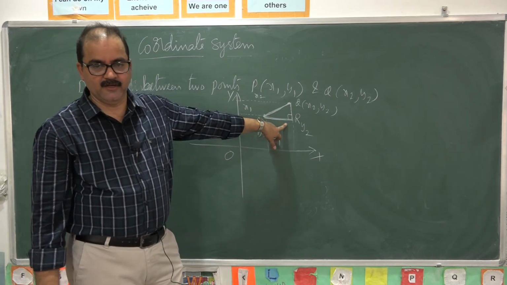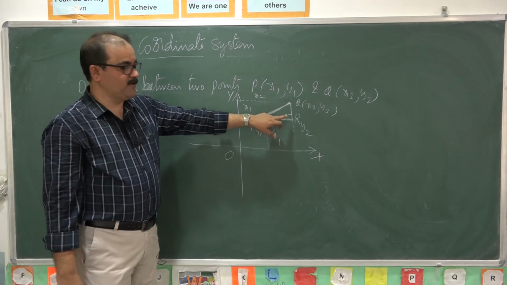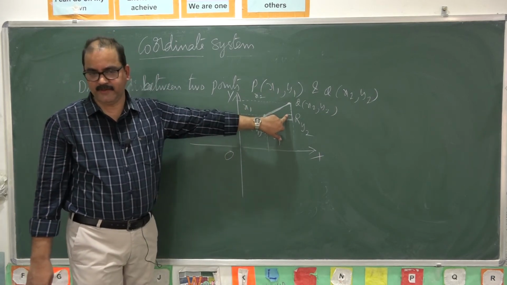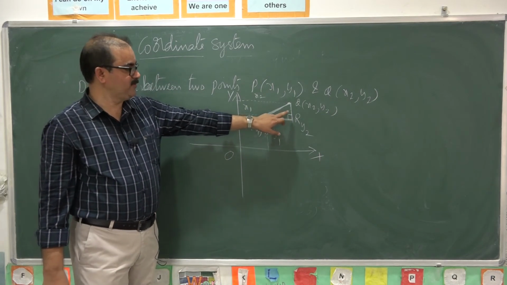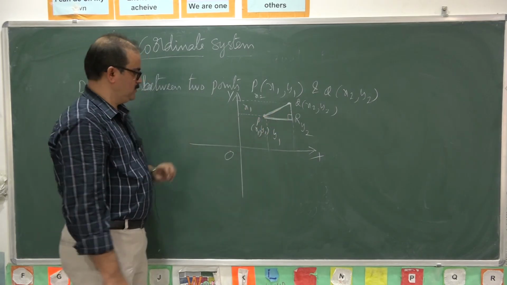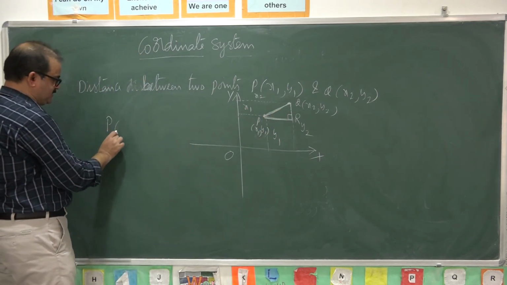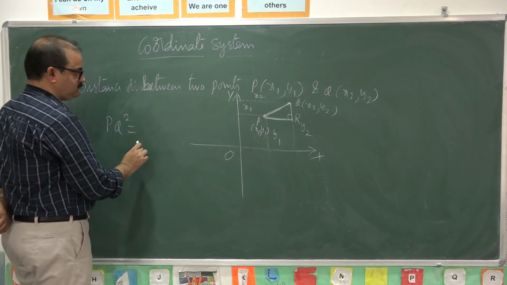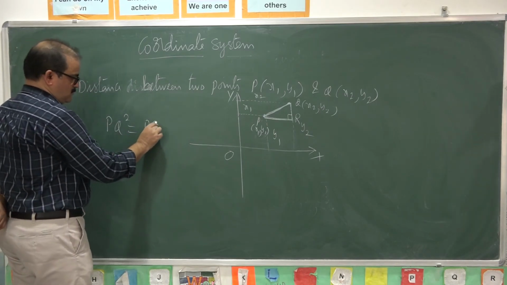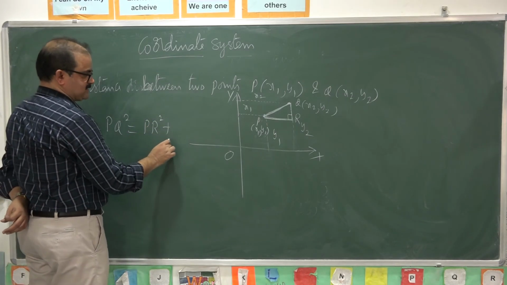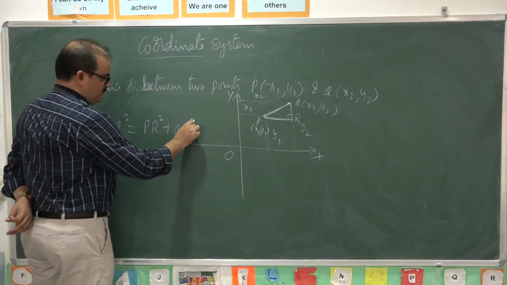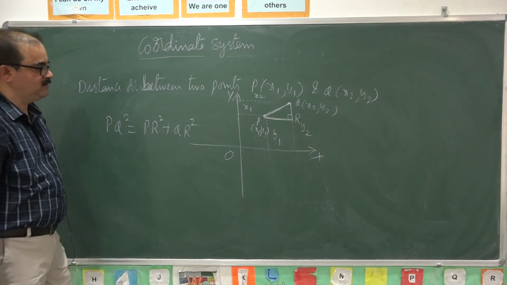What is the statement of that theorem? Hypotenuse square is equal to side square plus side square. What is hypotenuse here? PQ. So, PQ square is equal to PR square plus QR square.